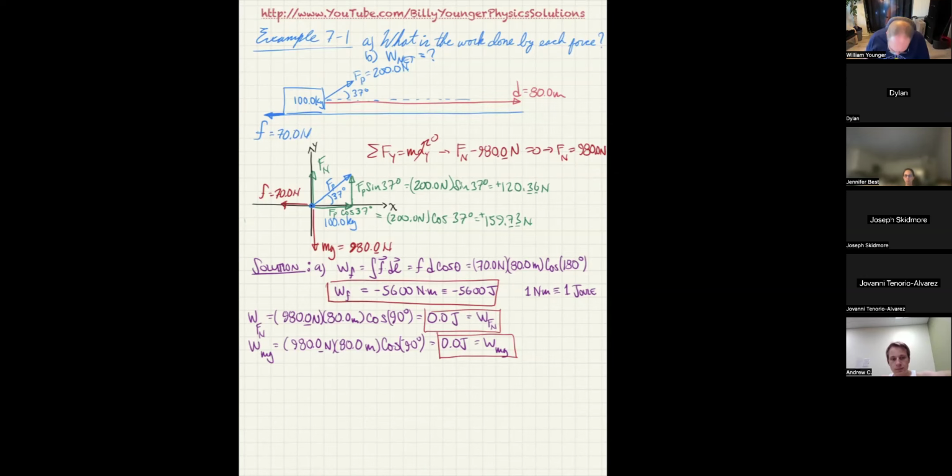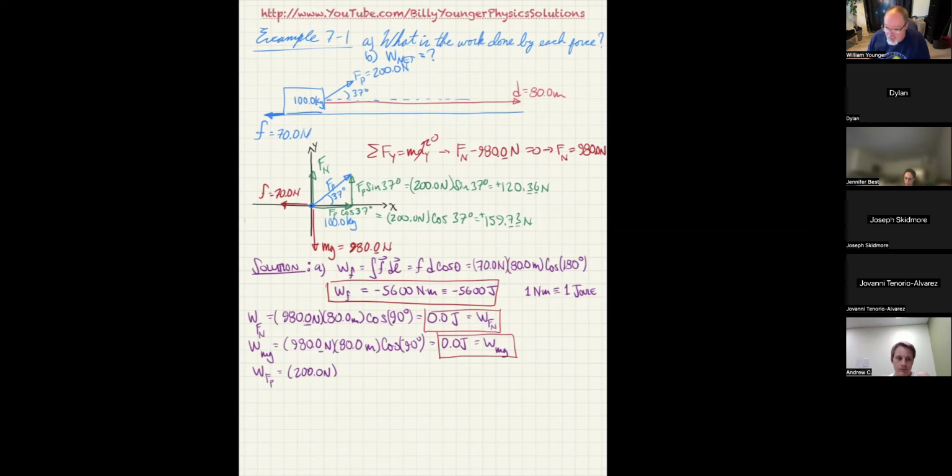So now we've got 3 of the forces: 1, 2, 3. All we're left with now is the work done by FP. I'm going to take the magnitude of FP, which is 200.0 newtons. Again, FP doesn't change the angle; the 37 stays the same, and it doesn't change the magnitude.